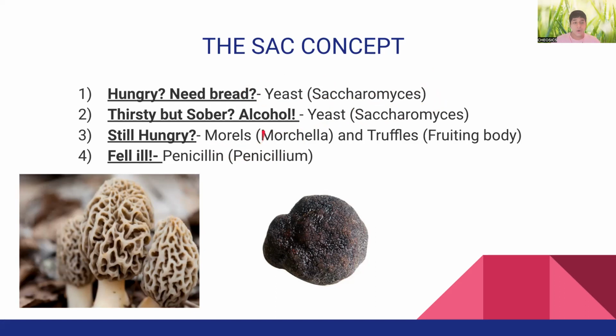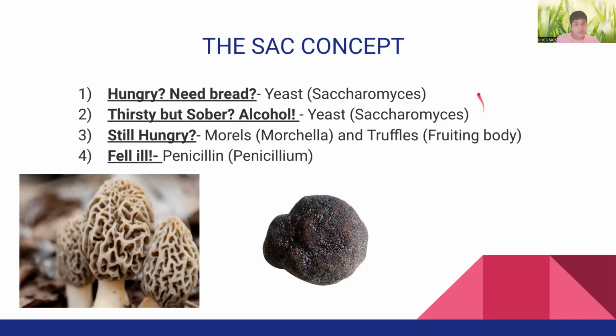So here you get your morel and your truffle. Both of these are very large delicacies. This morel looks very unappetizing, but it's considered a delicacy. And your truffle, we've heard of chocolate truffle, so it's not connected to this. The chocolate truffle is a piece of chocolate which looks like a fruiting body. It's called a truffle.